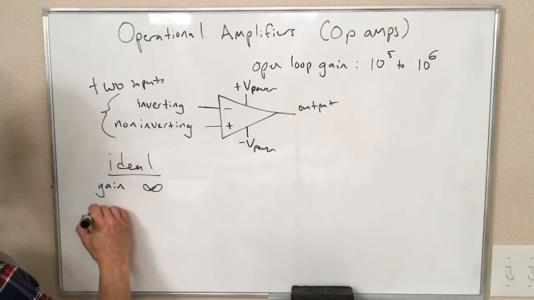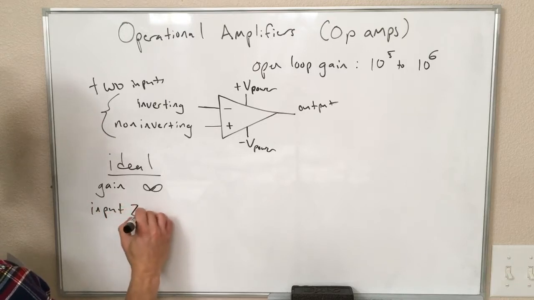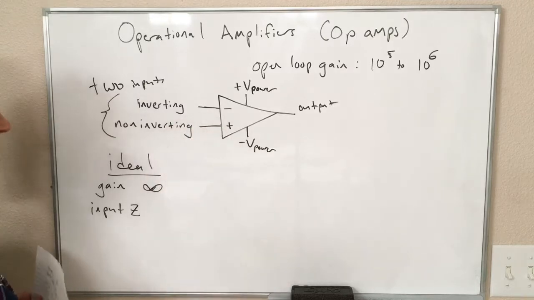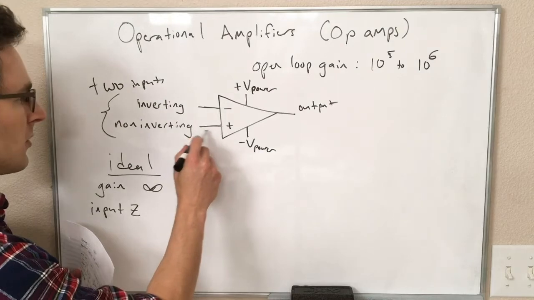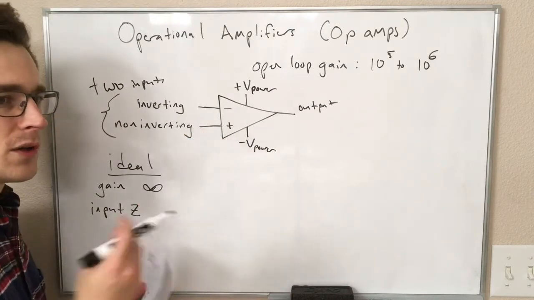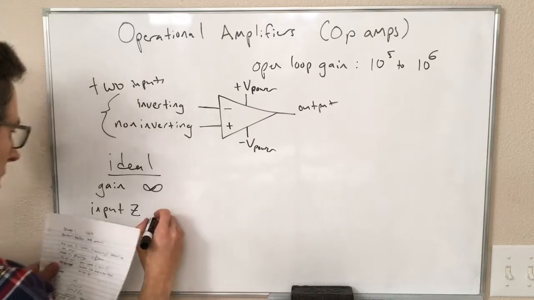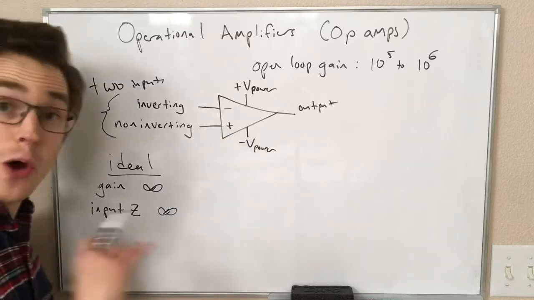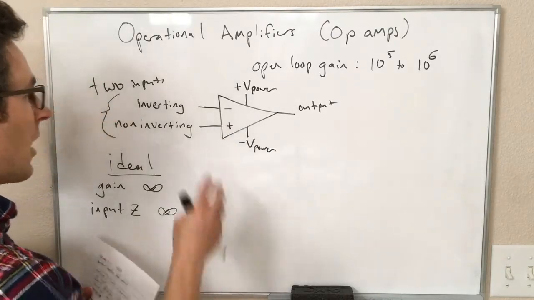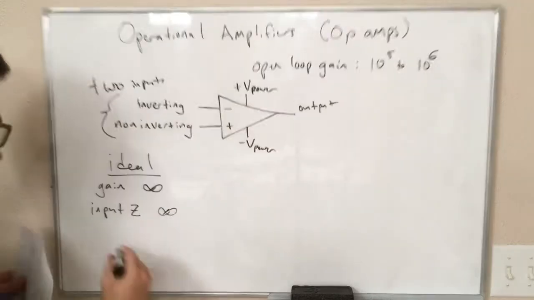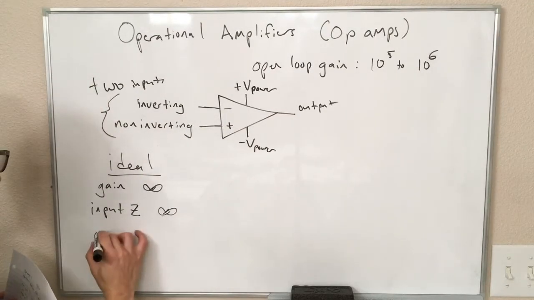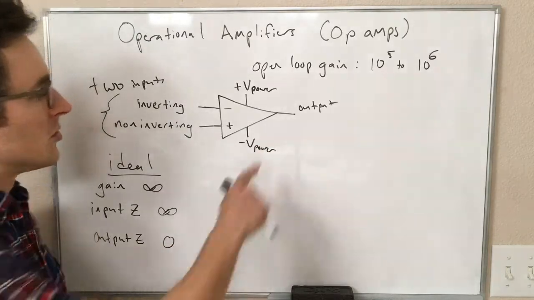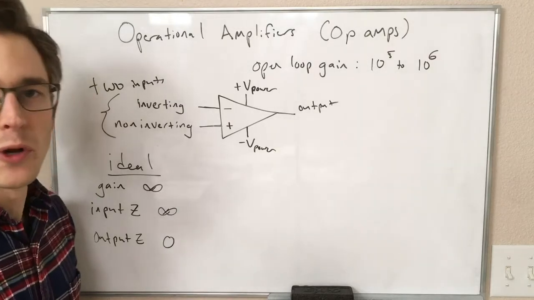Our input impedance, that is how much resistance this voltage feels to ground, or another way of saying that is how much this input wants to get current from whatever the source is, is ideally also infinite, which means these inputs draw no current whatsoever. They are the ideal voltage measurement between those two points. And the output impedance is 0, meaning the output can supply as much current as is needed to keep this voltage at whatever it's supposed to be.